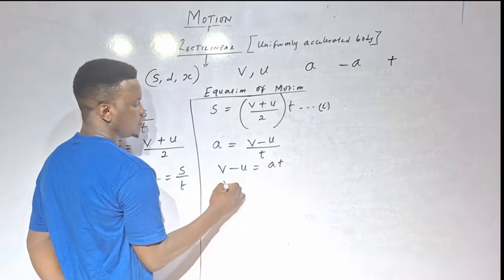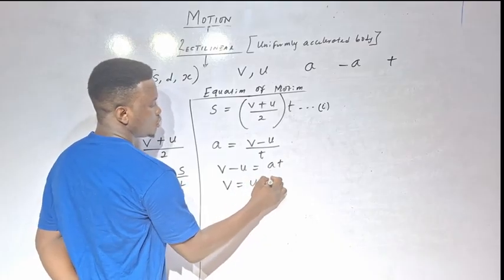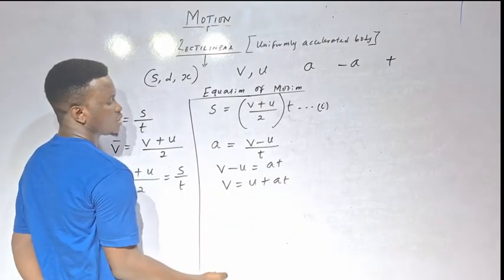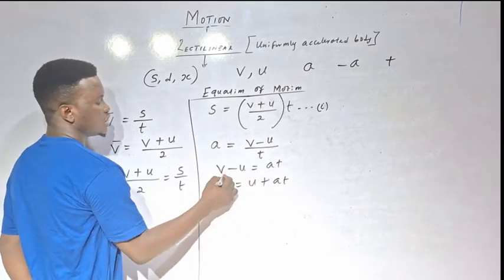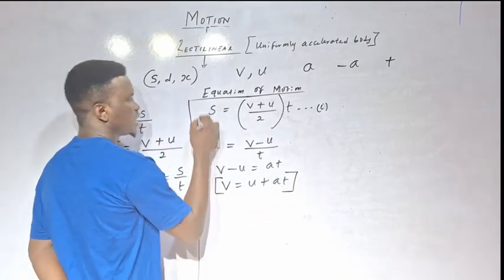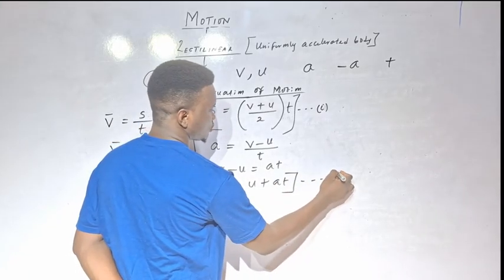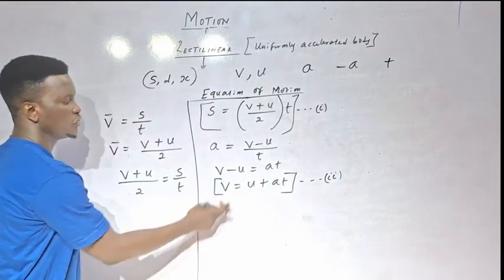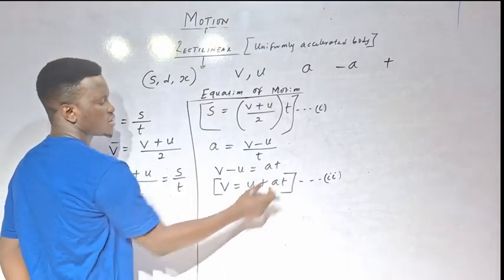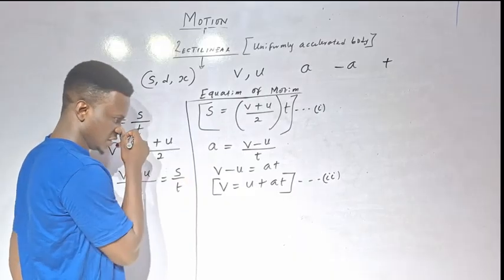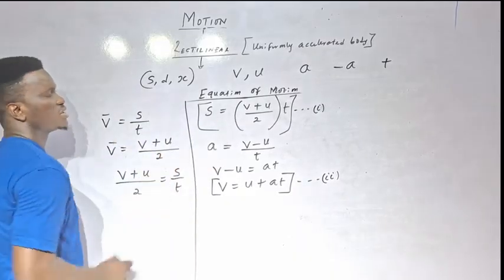Then we can say V = U + AT, if you arrange it very well. So U comes here, that becomes plus. Then rearranging, we have this. So this is another equation. Let's call this equation 2. So V = U + AT. That's another equation we will need. Don't forget that. Then let's go on.